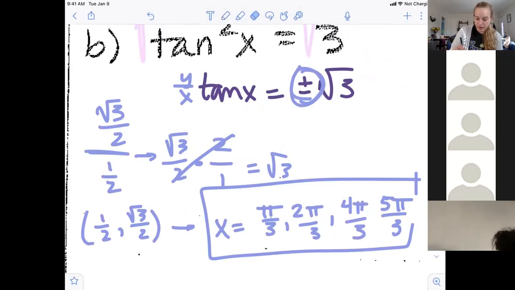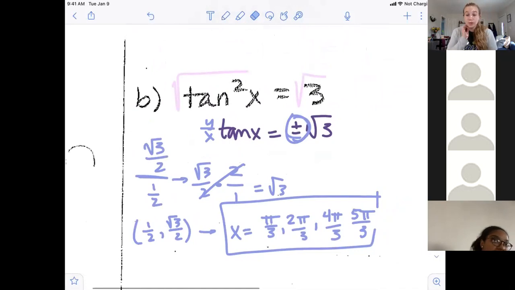Anybody have any questions so far? Okay, I want you to try letter C. So take a minute, try letter C. I'm going to join you in a second. If you have no idea, at least see if you can start it.